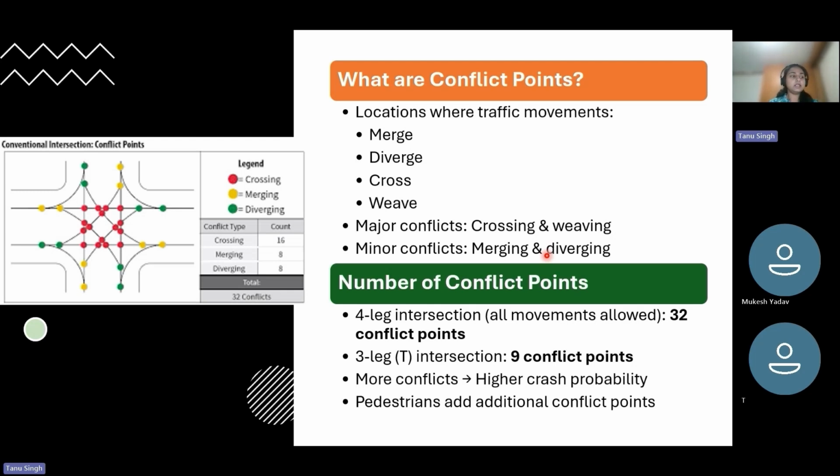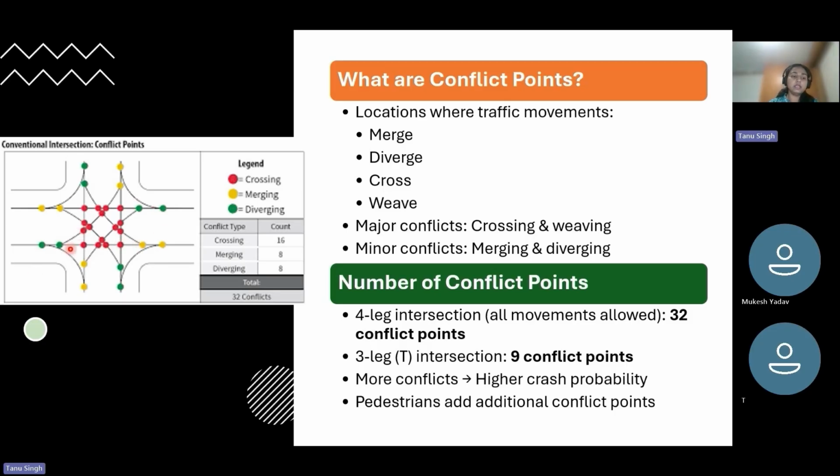So now understanding the four-leg intersection where all turning movements are allowed, here are the conflicts that can occur. For example, this is a four-legged intersection. Vehicles are coming from this direction and they might go left, they might go right or they might go straight.